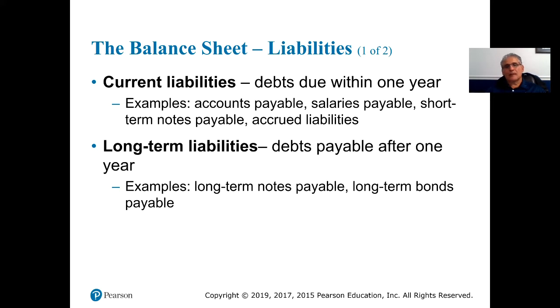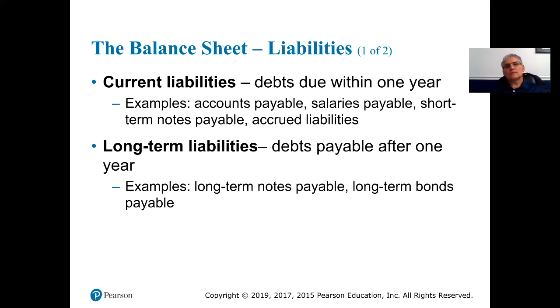Salaries payable. Most people expect to be paid pretty quick. Some people are paid monthly, but for the most part, most people don't work 1 year and don't expect to get paid for a year or two. Therefore, salaries and wages are going to almost always be considered current or short-term.